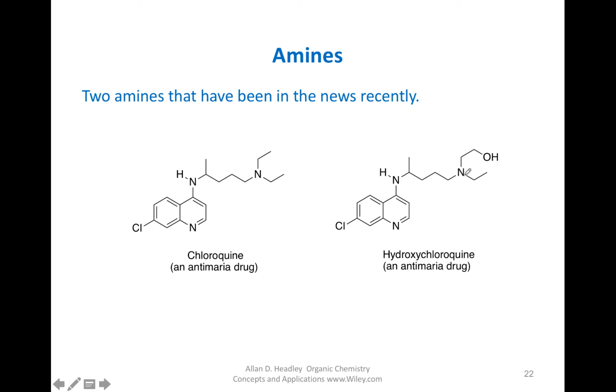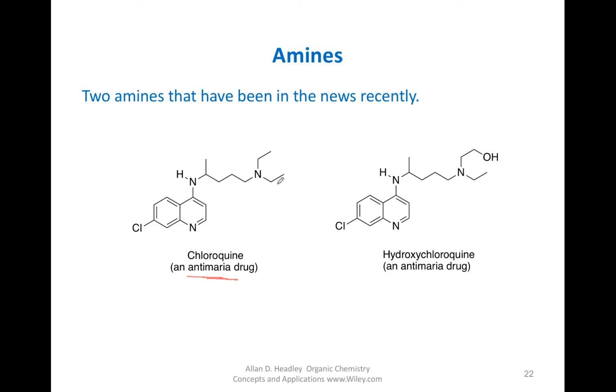Here are 2 amines that have been in the news recently. I got a little ahead of myself there, but here are 2. Chloroquine, in terms of the COVID treatment. One proposed compound that can treat that is chloroquine, but it has been proven for a drug for malaria.